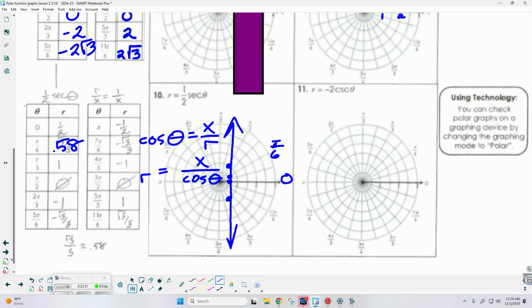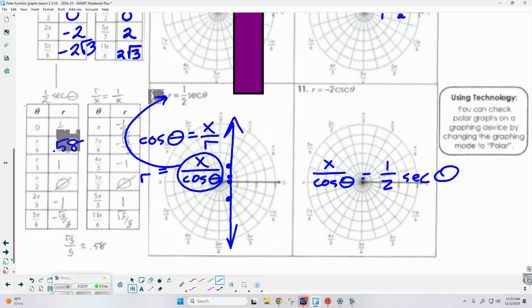Okay. So we're going to use substitution here. If I know that the radius is equal to x over cosine of theta, let's plug that back in the original equation. So instead of r equals, I'm now going to have x over cosine of theta equals 1/2 secant of theta. All right. And let's say I want to just have x equals.